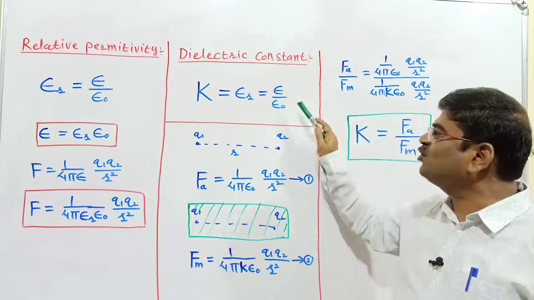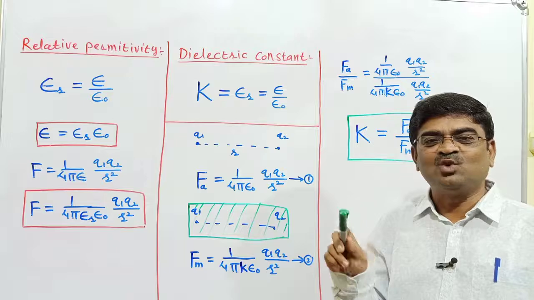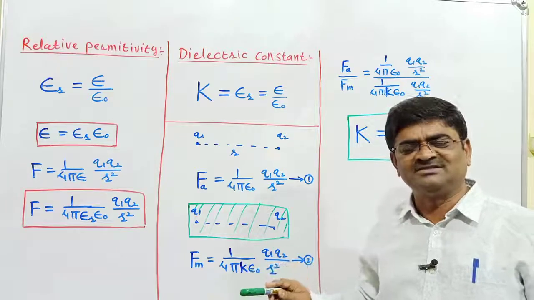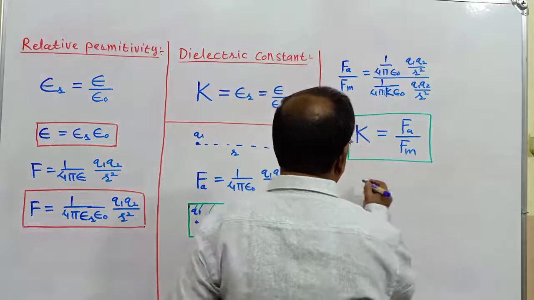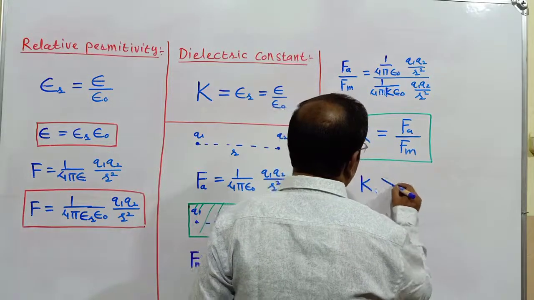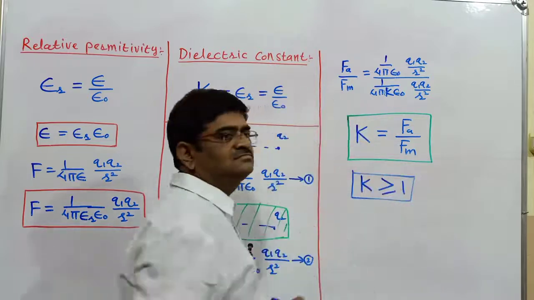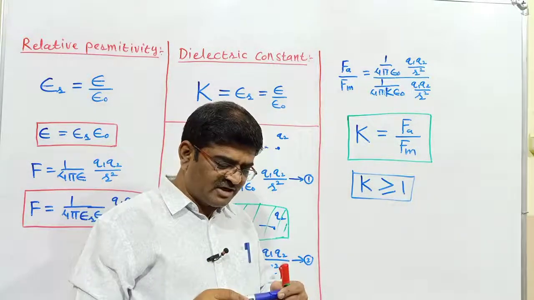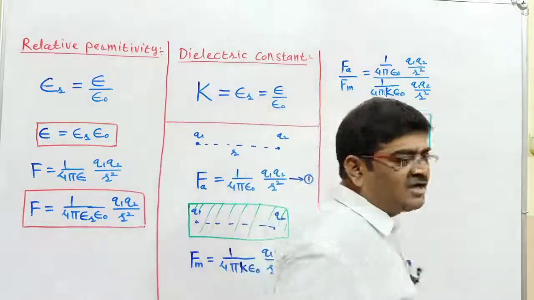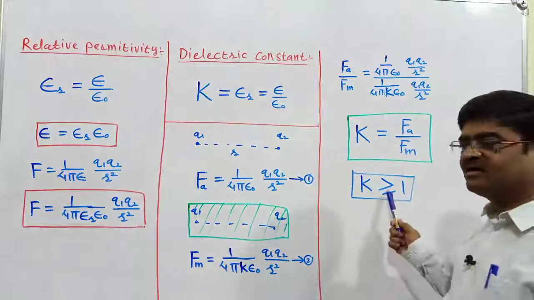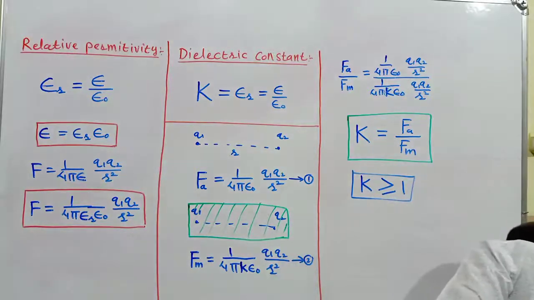For the vacuum, 1. And for all other media, like glass, water, wood, whatever it is, the value of the dielectric constant is greater than 1. For water, it is somewhere around 80, you can say. So any dielectric media you take, its value is greater than 1. After this, let me move ahead.